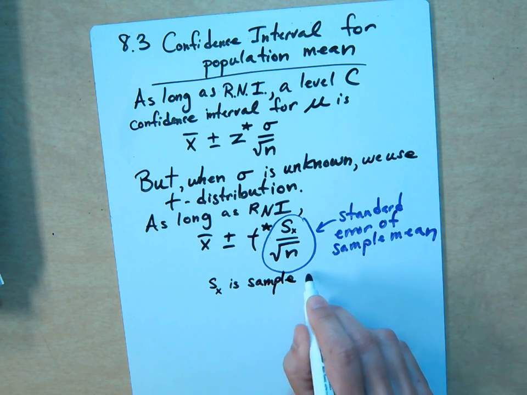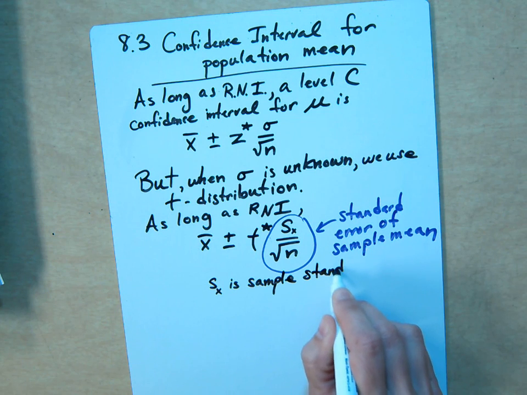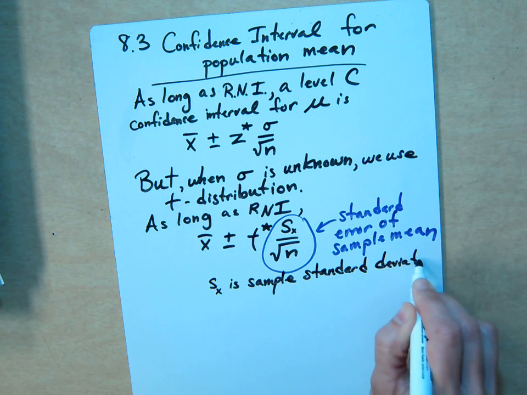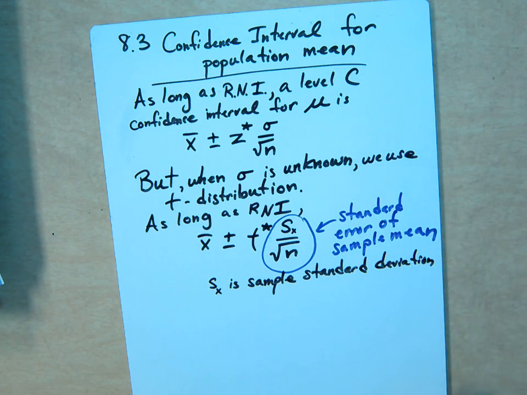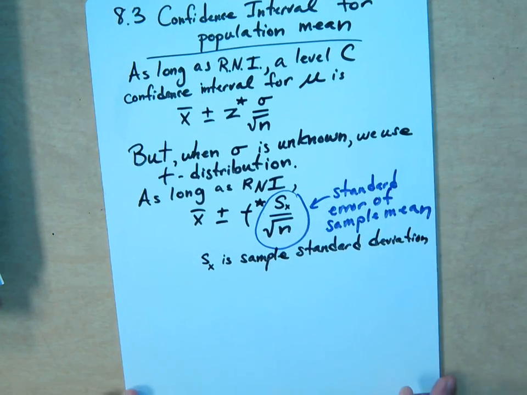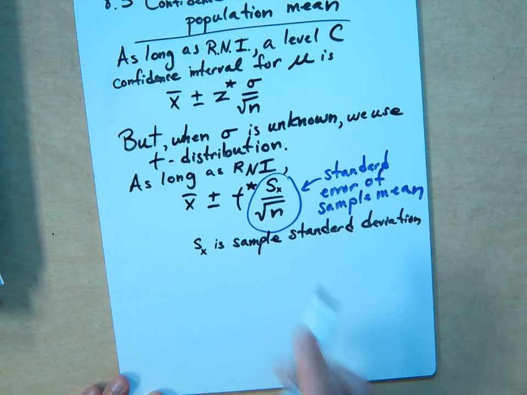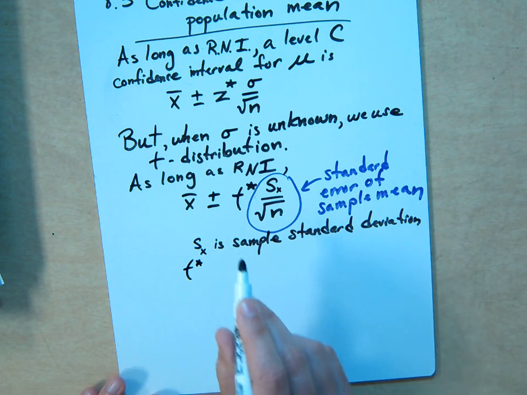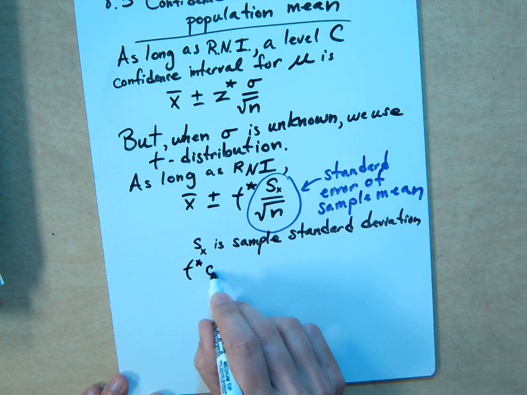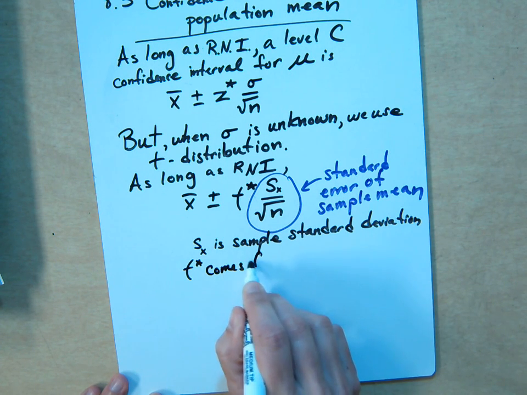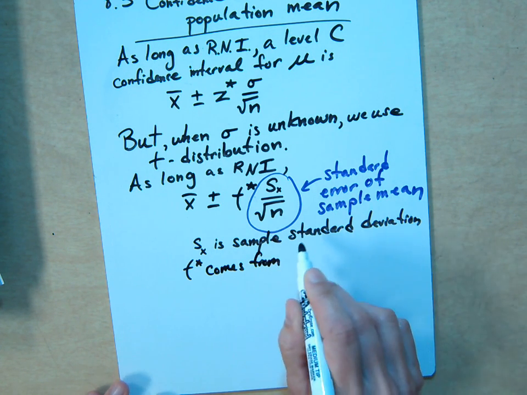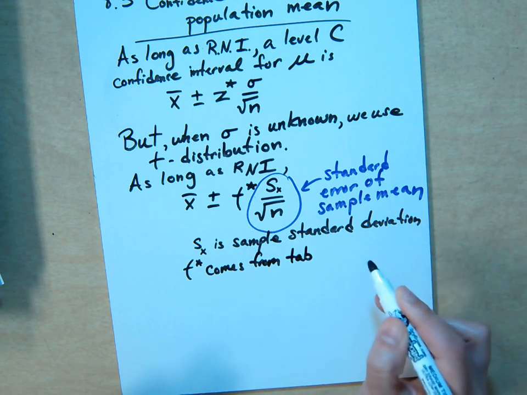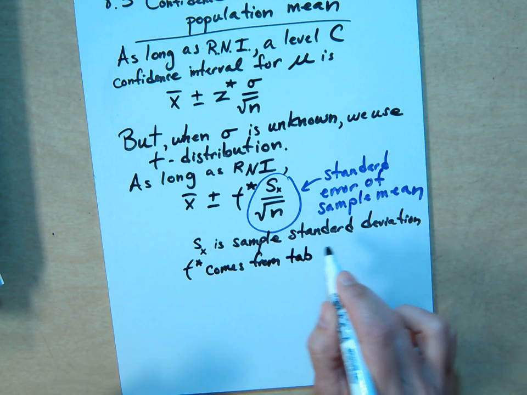And t star comes from table B, which I'll show you when we do the example. When you use a t distribution, you use table B rather than table A.